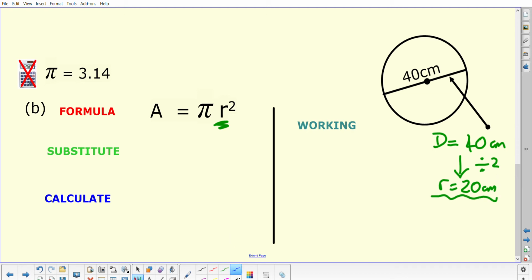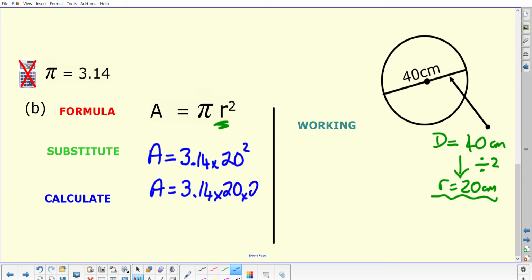So when you substitute into the formula, you'd be writing down area equals, you'd put your 3.14 times 20 squared. Now what does that mean? That means that we're going to have to do 20 times 20. I'm writing it out like that in line with the formula, but then I'm going to do the working at the side. So I would do the 20 times 20 bit first.